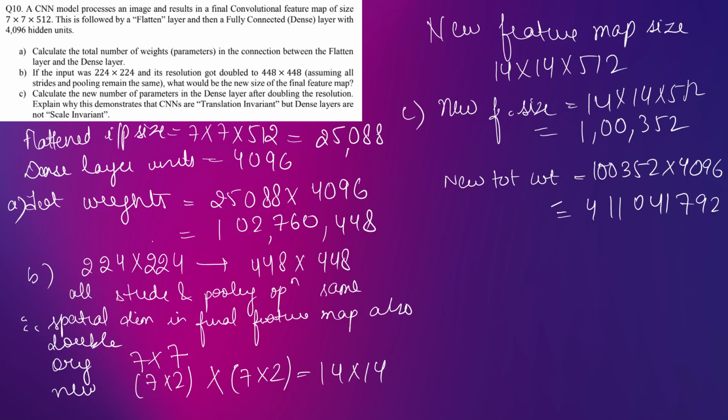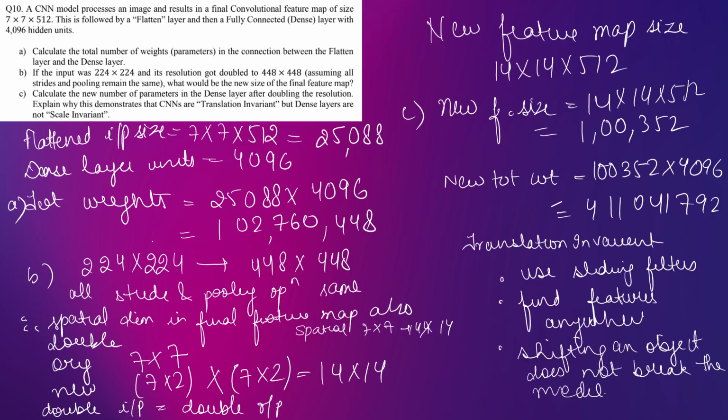Explain why this demonstrates that CNNs are translation invariant, but dense layers are not scale invariant. So first let's talk about translation invariant. Here we use the concept of sliding filters or kernels, where this is your matrix of an image.